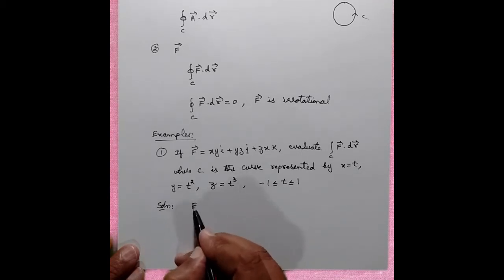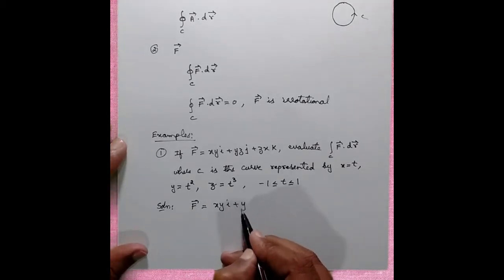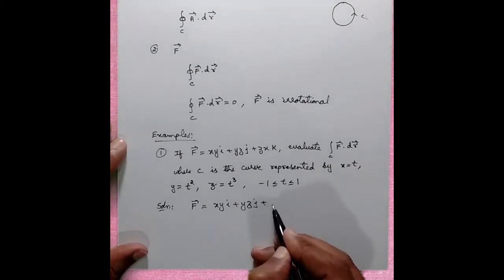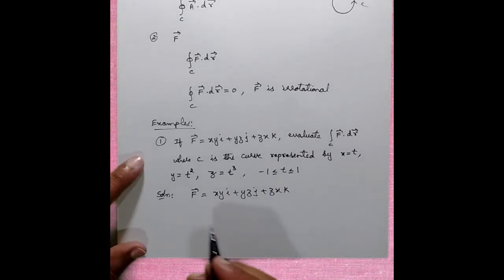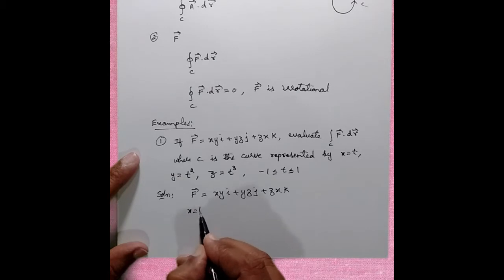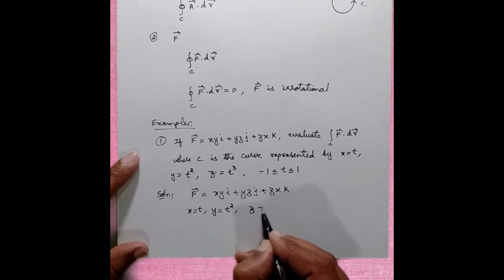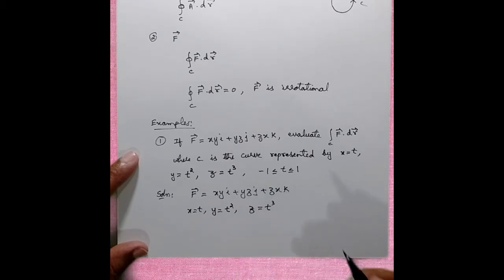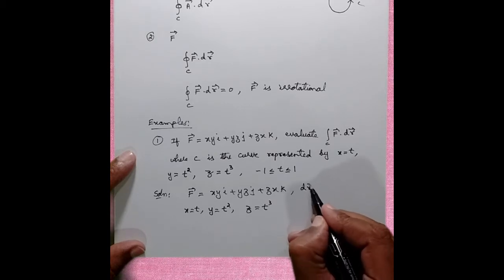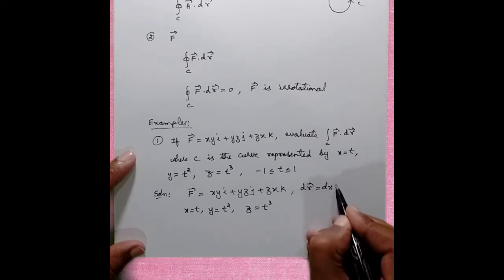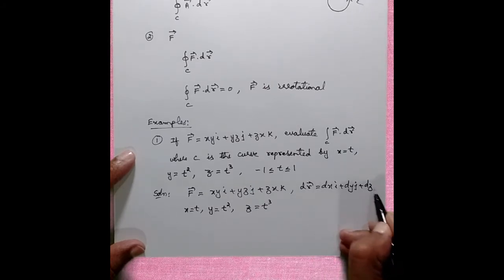So given vector F equal to xy into i plus yz into j plus zx into k, the value of x is t, the value of y is t square, and the value of z is t cube. And the vector dr value is known, which is nothing but dx into i plus dy into j plus dz into k.